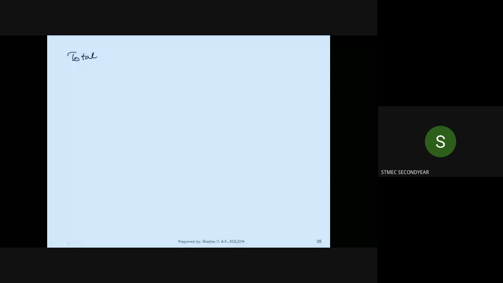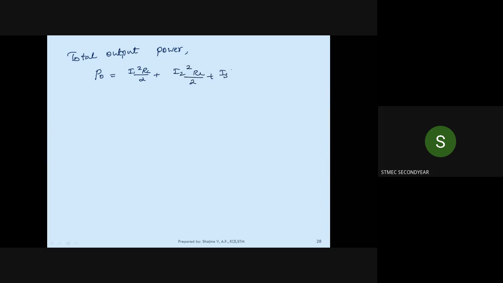Like that. Okay. So we can write the total output power. Total output power will be equal to ഇതുപോലെ വരും. That is I1 square into RL divided by 2 plus I2 square into RL divided by 2 plus I3 square into RL divided by 2 plus etc. Right?